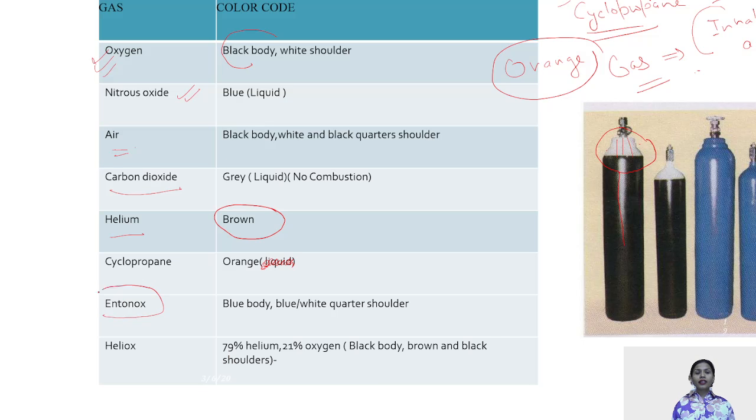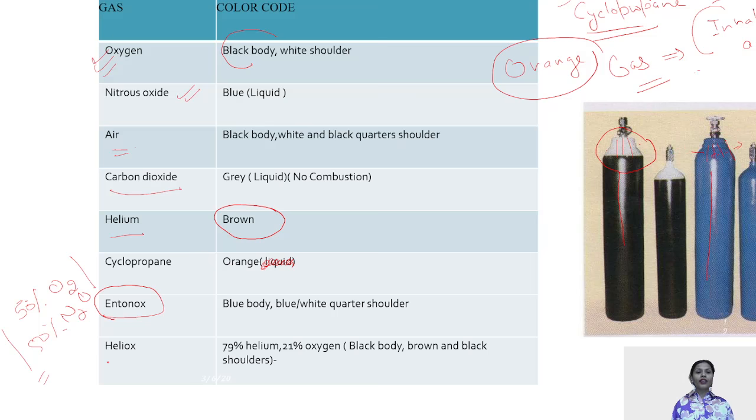Then recently introduced we have Entonox, which is 50% oxygen and 50% nitrous oxide. Thus, it has a blue body with again quarters present on the shoulder of white and blue. This is your Entonox.